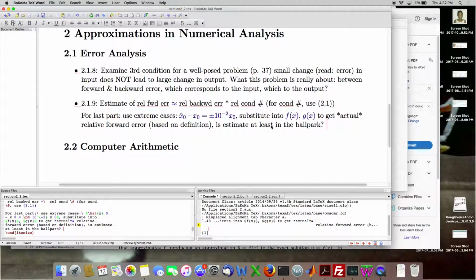Yes. That one, if you just use the calculator to substitute in, were we supposed to show that? No, just a final result. Like, your estimate is this, your actual relative error was this. Are they close? That's all. The individual steps, I'll know from your answer if you did it properly or not.